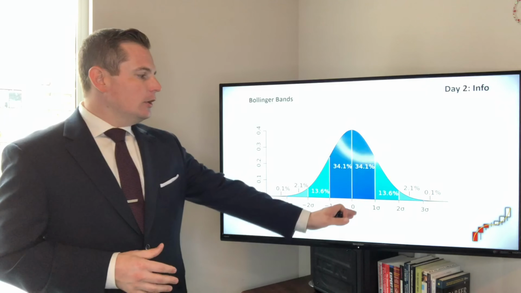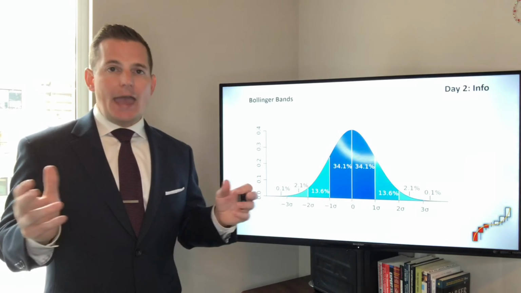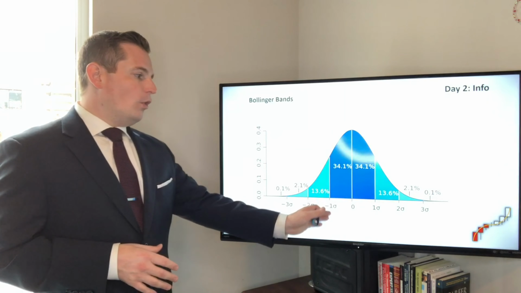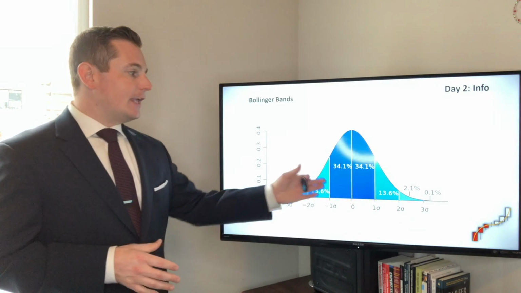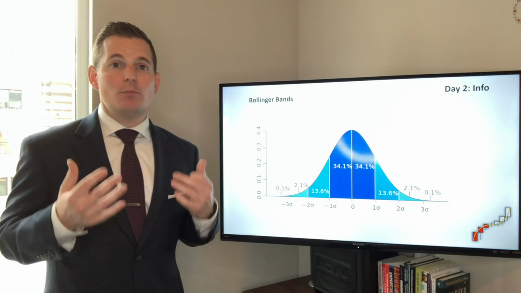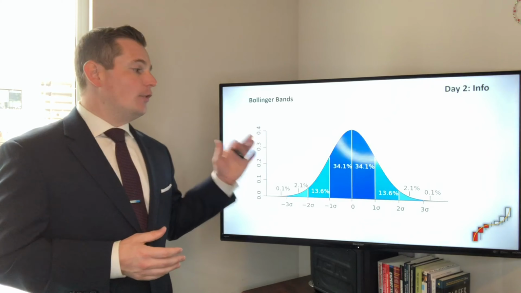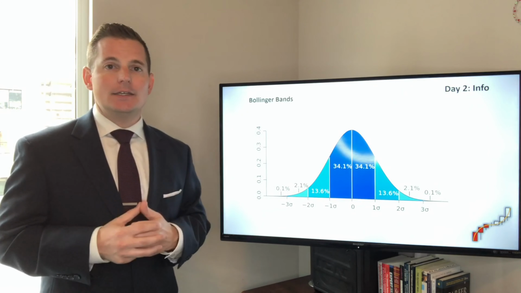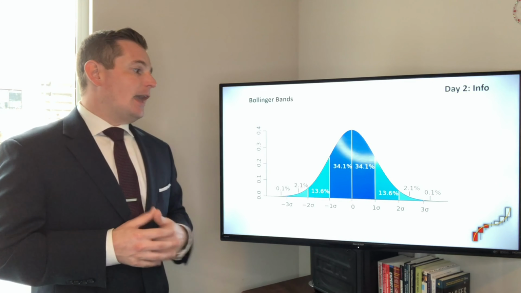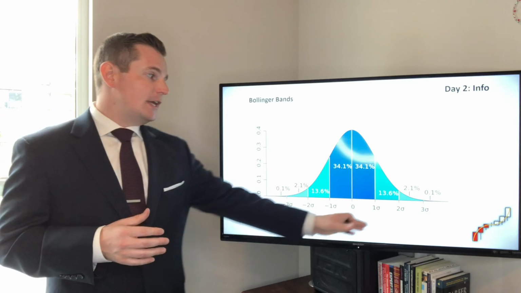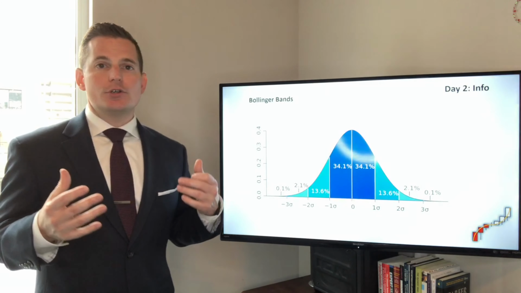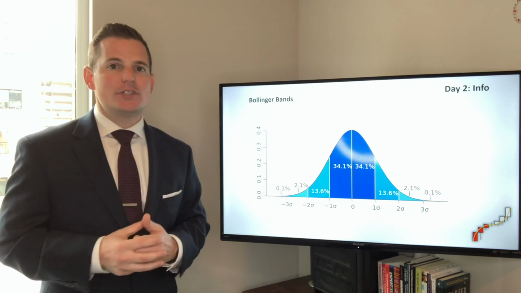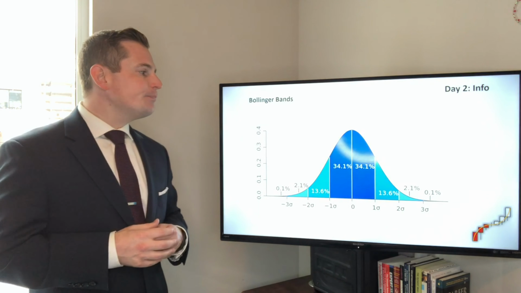So here 0 is the average, and then one standard deviation away in either direction would account for 68.2% of all of the data that is compiled. And then if you were to go 2 standard deviations away, that's going to capture almost 90% of the movement, okay?